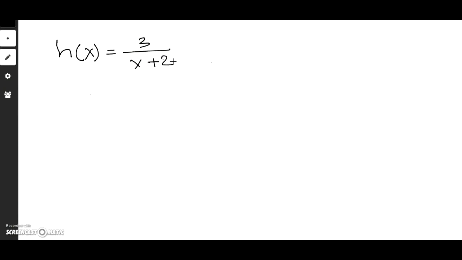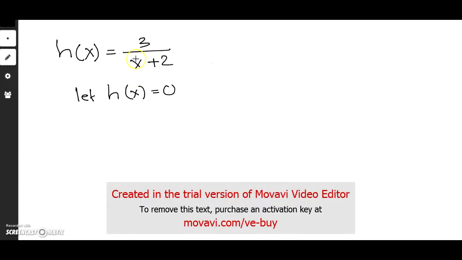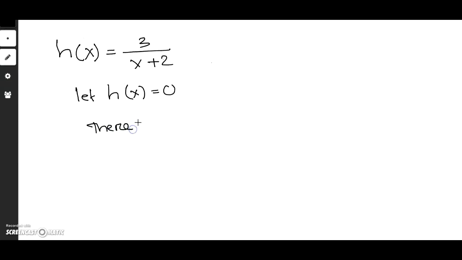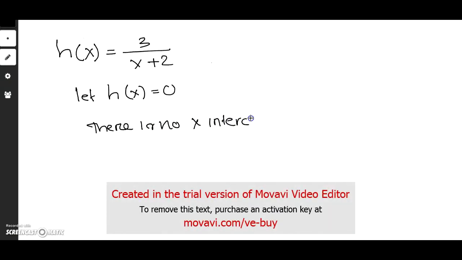To determine the x-intercept, let h of x equal 0. Since x has no value, we can say that there is no x-intercept.